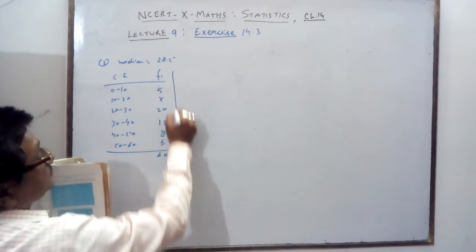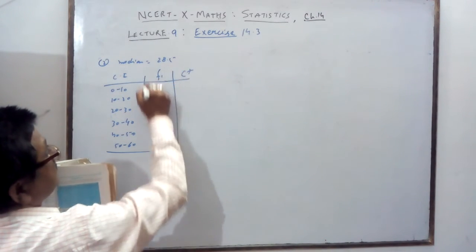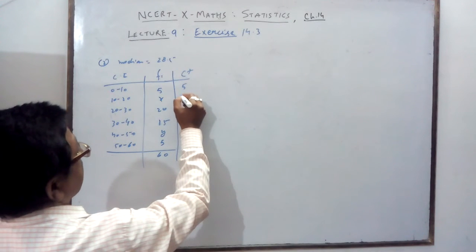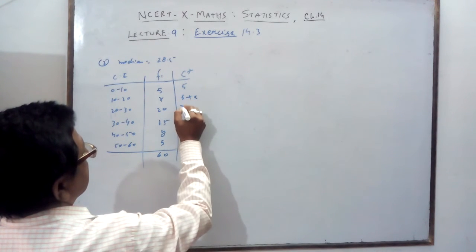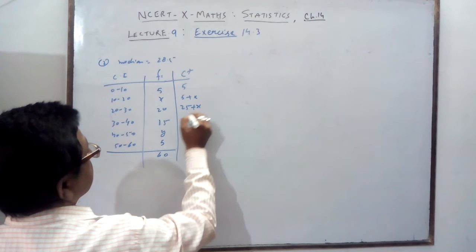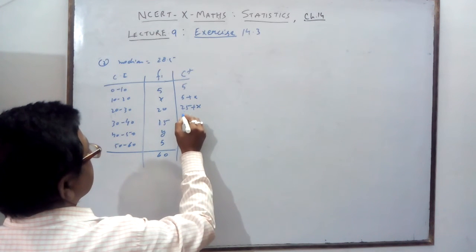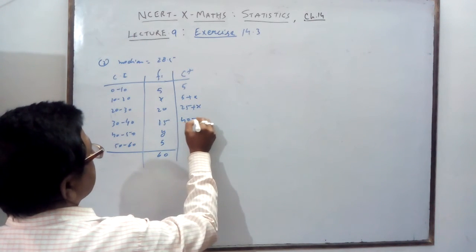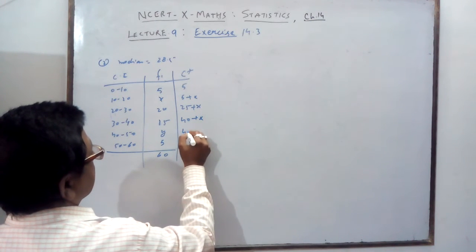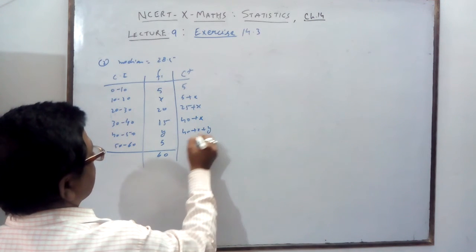So you will calculate the CF: 5, 5 plus x, 25 plus x, 40 plus x, 40 plus x plus y.